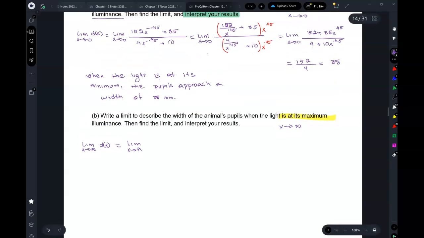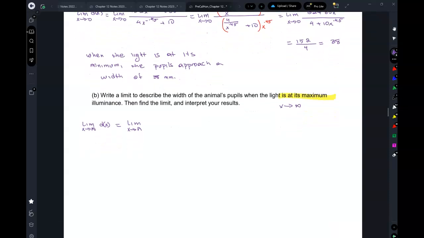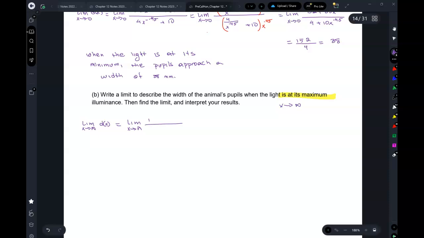Okay, now that I've simplified my function, I'm just going to use that. The final product that I got, 152 plus 85 x to the 0.45, over 4 plus 10 x to the 0.45. So here, if it's a limit approaching infinity, we're going to take this over this, right?